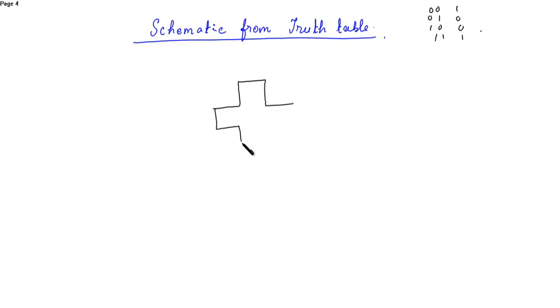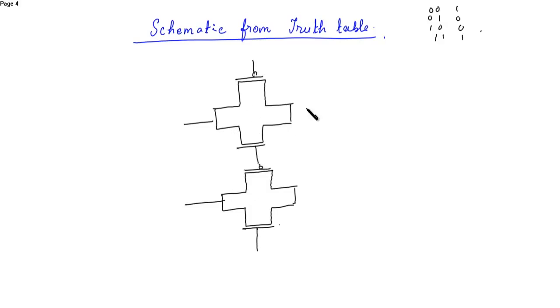This is transmission gate 1 and then we have another transmission gate, this is transmission gate 2. Okay, this is input 1, input 2, combine, and you'll get output Y.